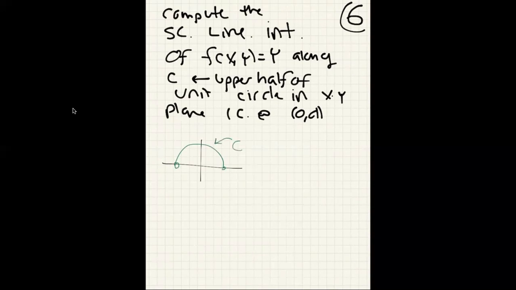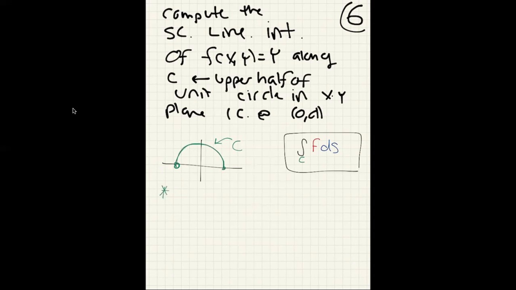That's our C. And so let's think of everything we need to do. At the end of the day, we're computing the integral along C of the function f, and then we've got to remember a formula for ds. So we have three pieces basically to assemble. Let's first describe this C with a parameterization.